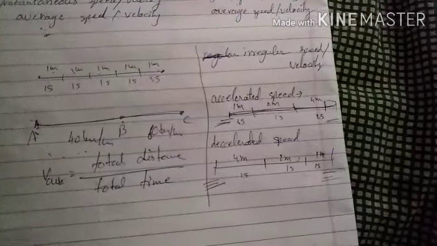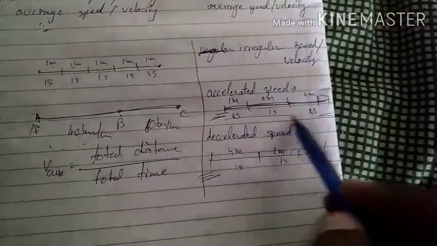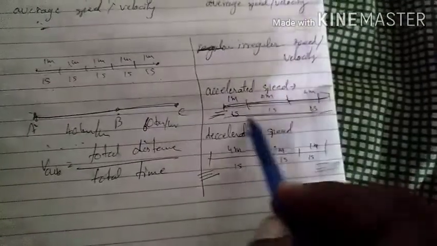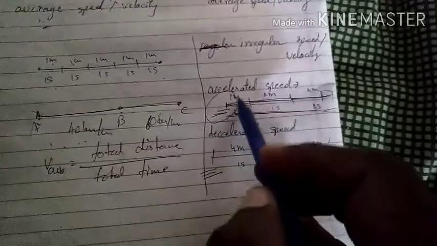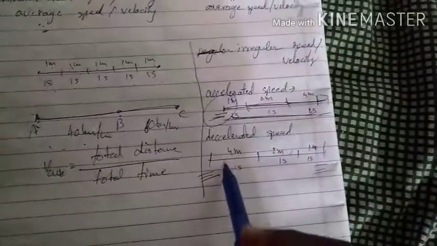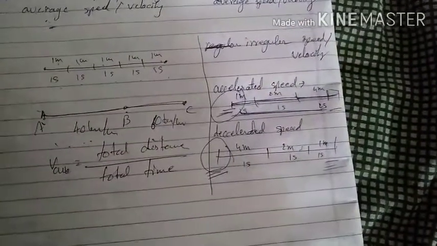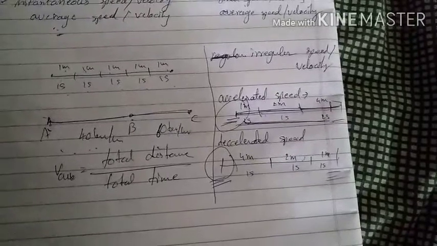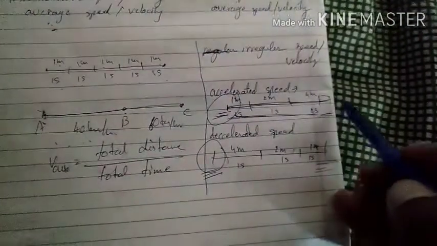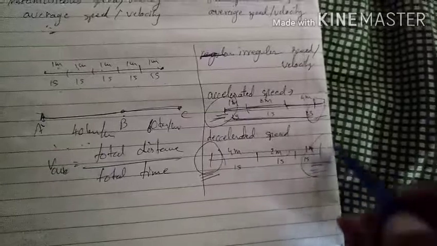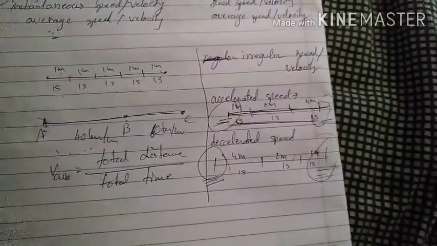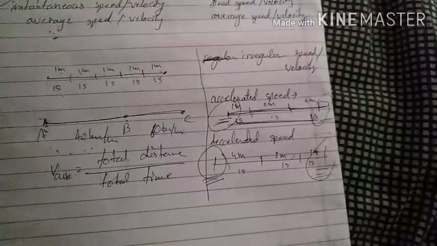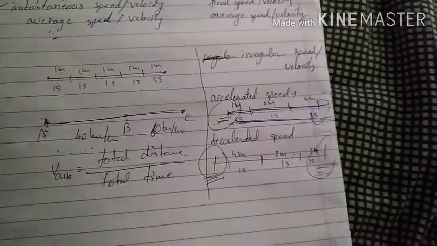To give clear definitions: suppose a change in velocity is happening. Before the change begins, the object's speed or velocity is called initial speed or initial velocity. After the change, the speed it has is the final speed or final velocity.